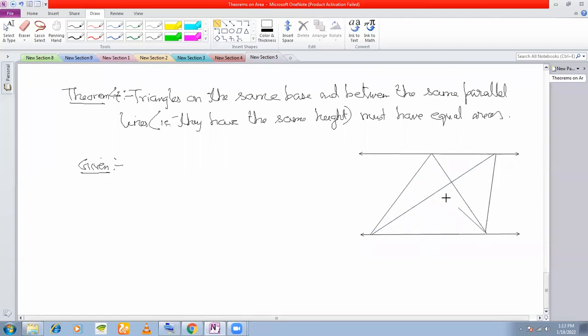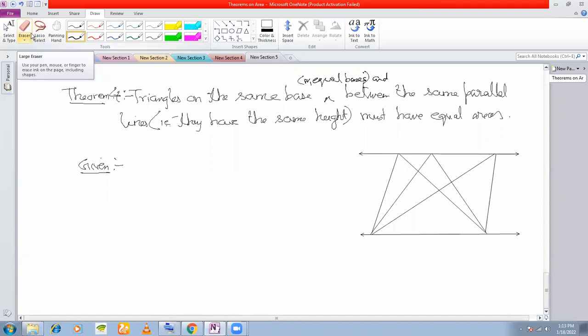And not only equal, but let me write equal bases also. Not only the same base, but equal bases. So triangles on the same base or equal bases and between the same parallel lines.